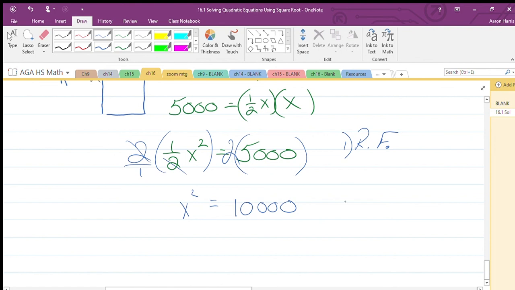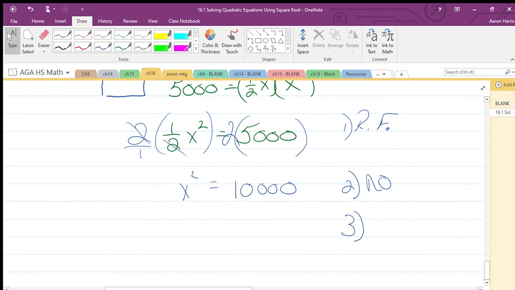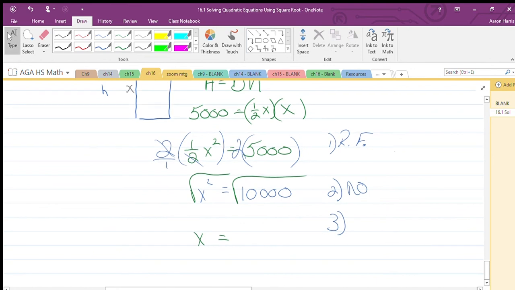So what do I do with that? Step 2. Any addition or subtraction? No. And is there multiplication and division? Yes, because it says x times x. But how do I remove that? That's right, square root. Okay, so I get x is equal to what? That's right, plus or minus 100.